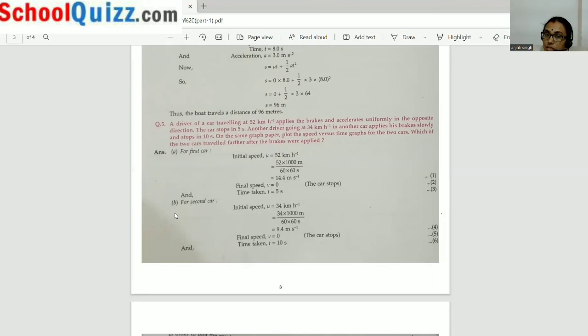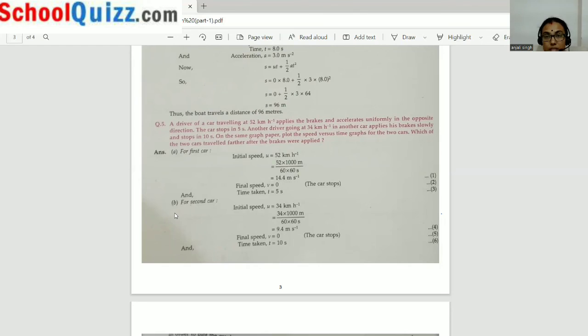So for the first car, the initial speed is 14.4, and the final speed is 0. Why? Because the driver applies the brake. Applies the brake means the car comes to rest. Clear? The car comes to rest. So the final speed is 0.